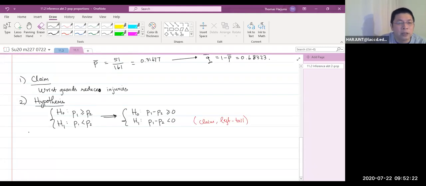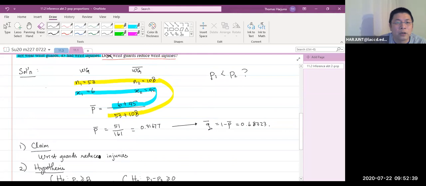Step 3, test statistic. Z will be equal to, I think I need to find out what is my P1. It's 6 over 53, what's that?